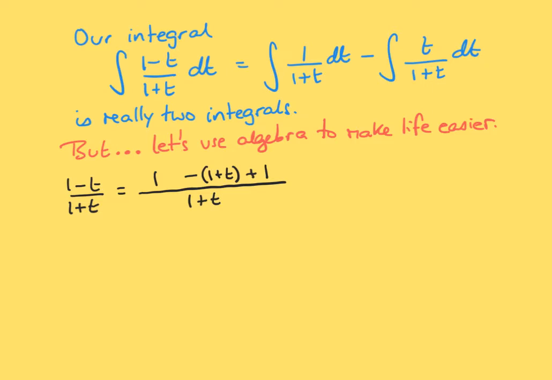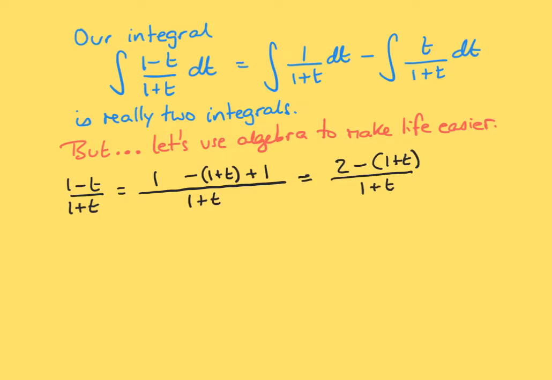So I have effectively added 0. So this can be rewritten as 2 minus (1 plus t) all over 1 plus t.